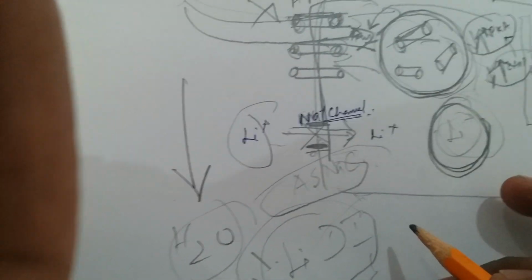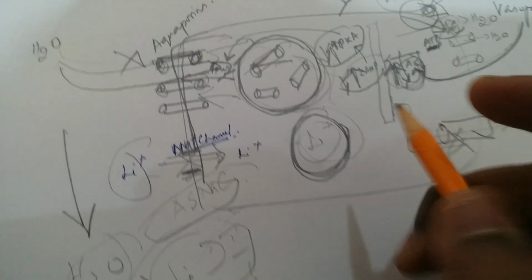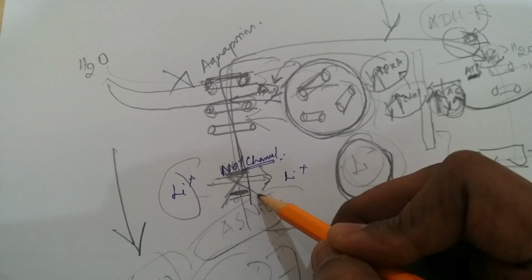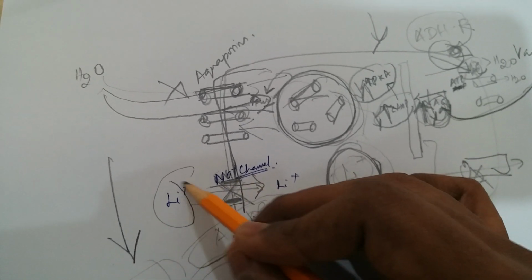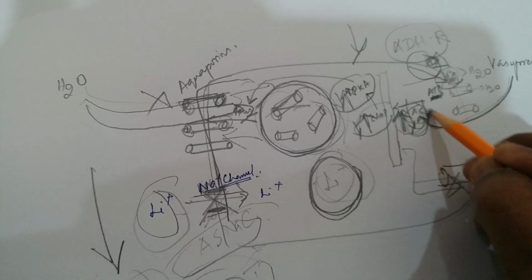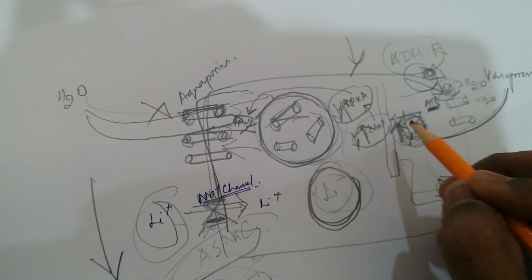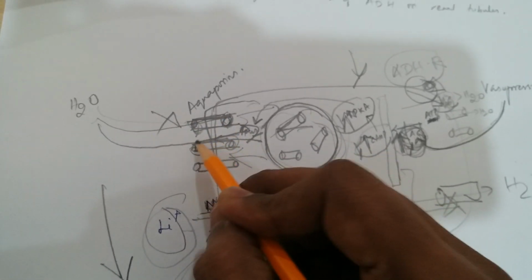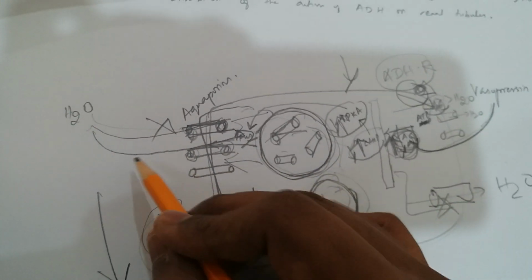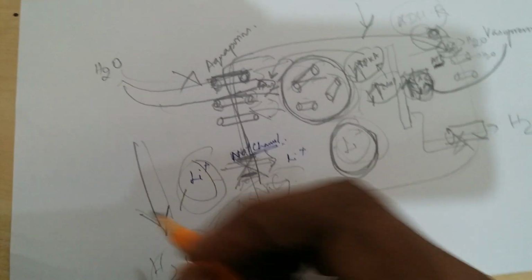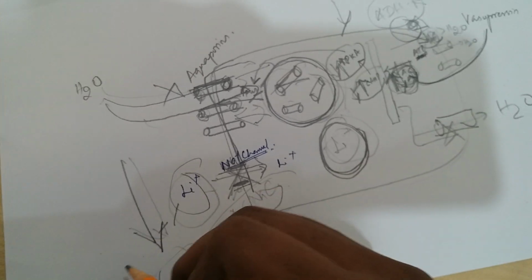So the mechanism of action of amiloride in lithium induced diabetes insipidus is nothing but blocking the amiloride sensitive sodium channel, thereby preventing entry of lithium ions, thereby removing the inhibition on adenylyl cyclase, thereby the expression of aquaporins increases and water is reabsorbed and the intense diuresis is reduced.